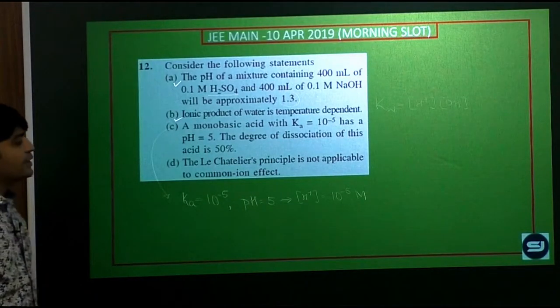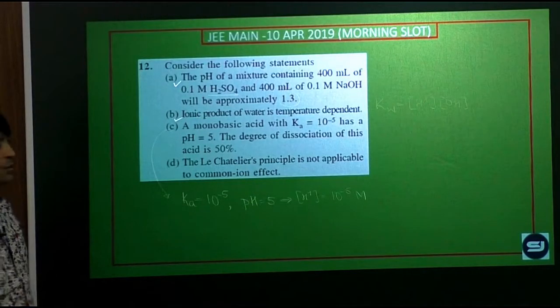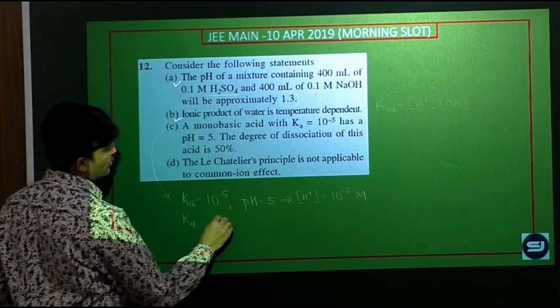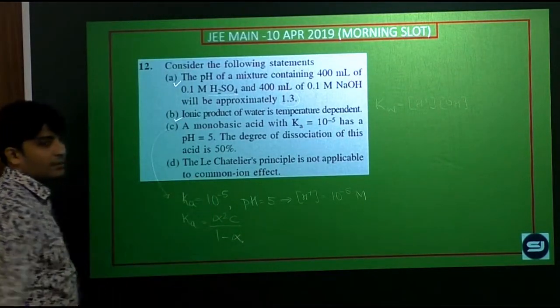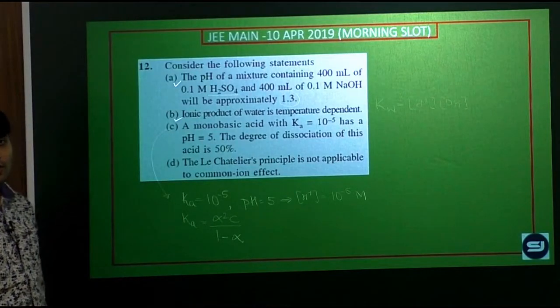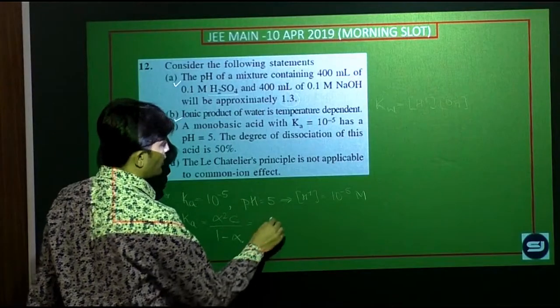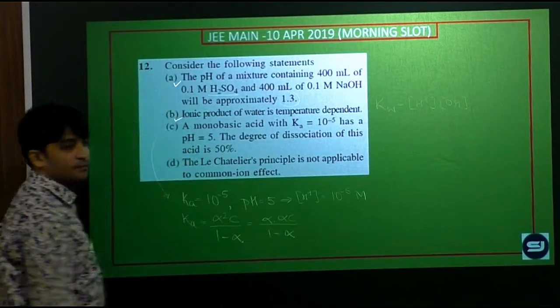So we have to verify with this data whether alpha comes out to be 50% or not. Now we know that Ka is equal to alpha square C upon 1 minus alpha, simply a formula from Ostwald's dilution law. Also, alpha square C could be written as alpha into alpha C upon 1 minus alpha.